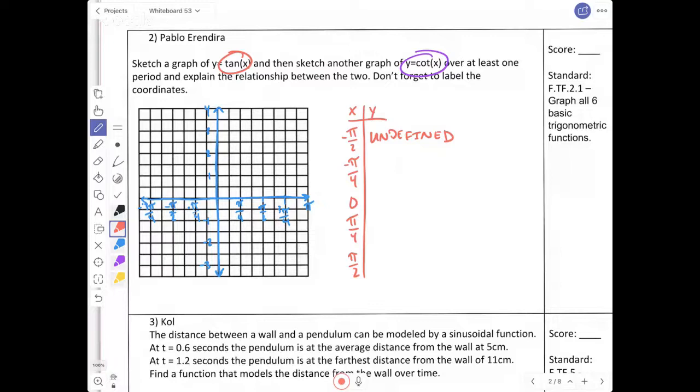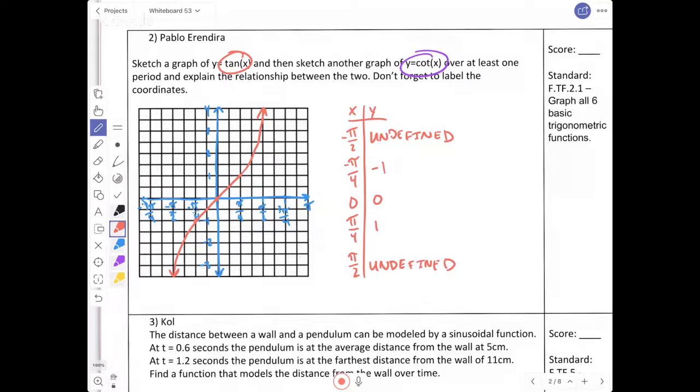Cool. Negative pi over 4. Here I'm at negative 1 on the tangent graph, 0, 1, undefined. So plotting those points, I'm at negative 1, 0, and 1. And I know I have an asymptote, so I'm coming up from this asymptote, and it looks like that.